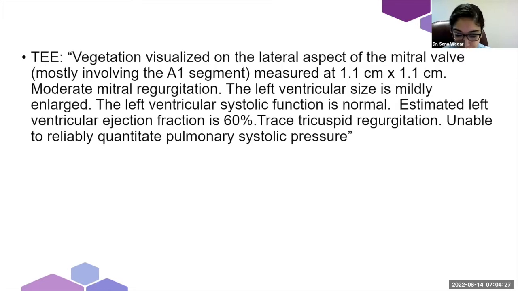Because of his high-grade persistent bacteremia, we went on to do a transesophageal echocardiogram. This showed a vegetation on the lateral aspect of the mitral valve, mostly involving the A1 segment, and it was measured as 1.1 by 1.1 centimeters. There was moderate mitral regurgitation.